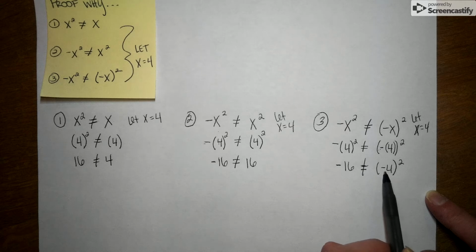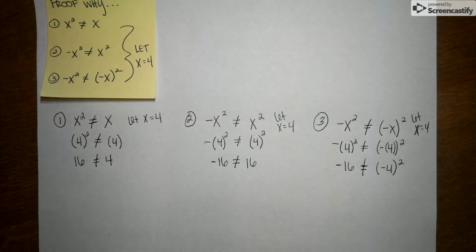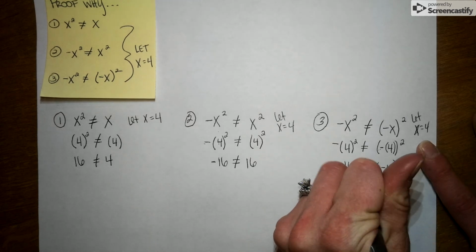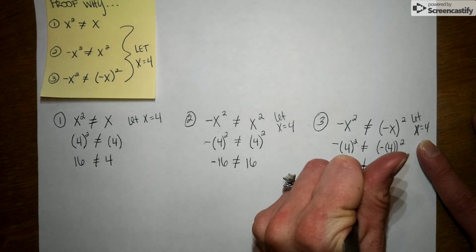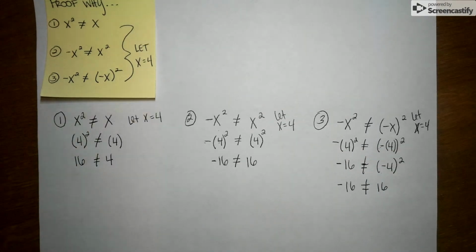So now when I think of negative 4 squared, that means I'm taking negative 4 and multiplying it by negative 4. Negative times a negative is always a positive, so this gives me positive 16, where on the left-hand side I still have negative 16. So again, negative 16 cannot equal positive 16.